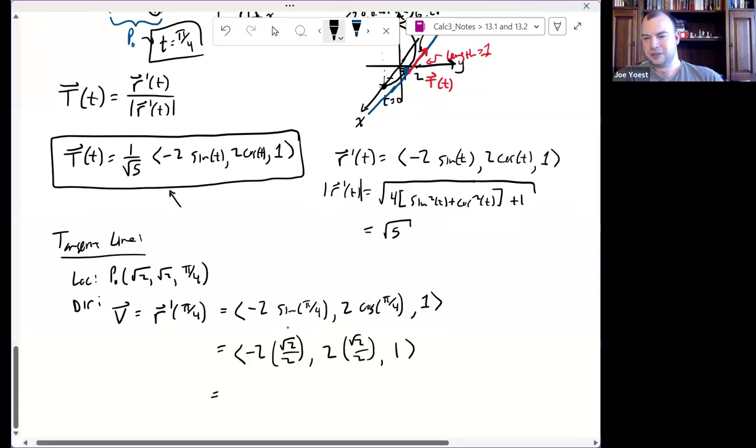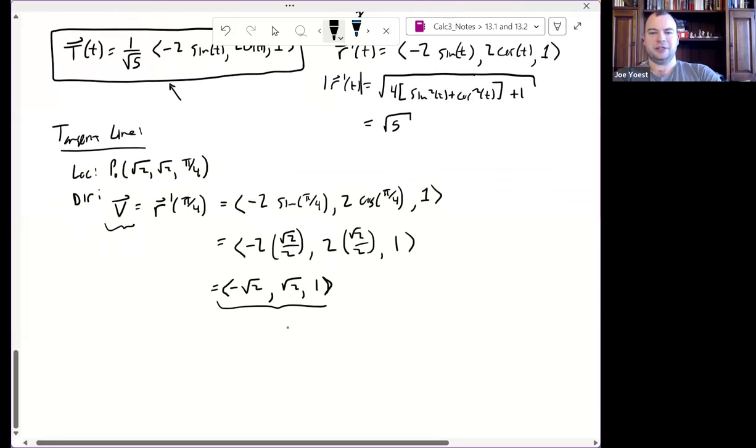Or this is negative root 2, root 2, 1. So that is my direction vector. And now I have a location vector and a direction vector.